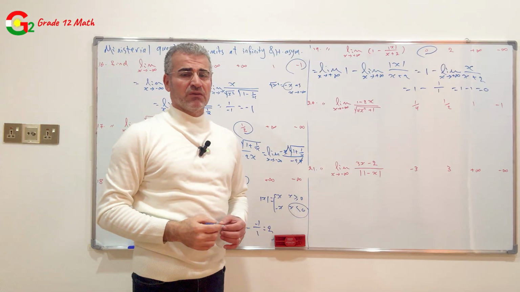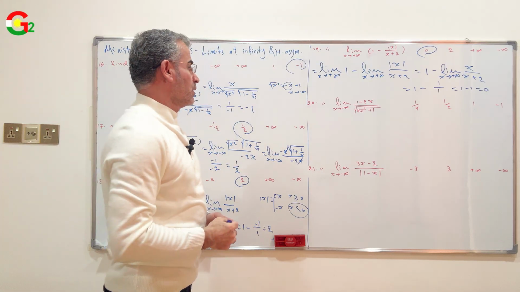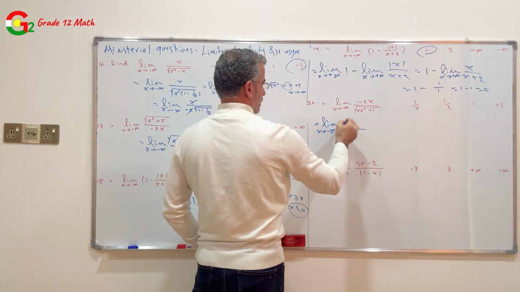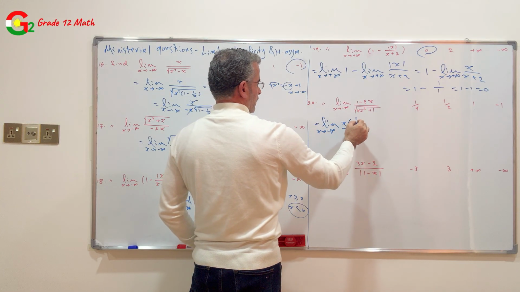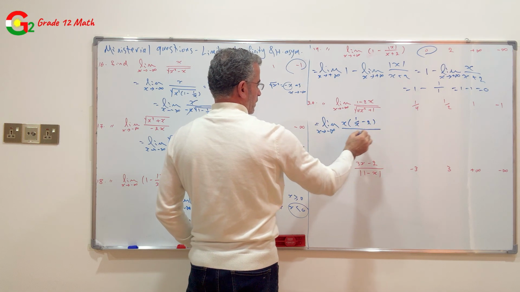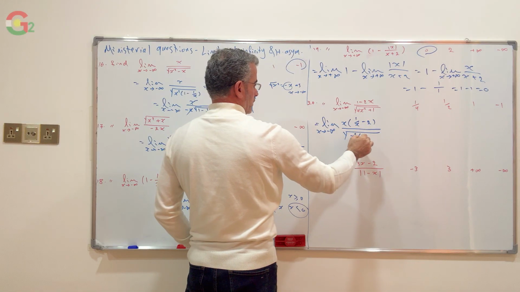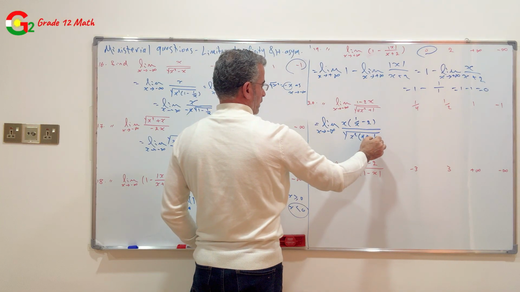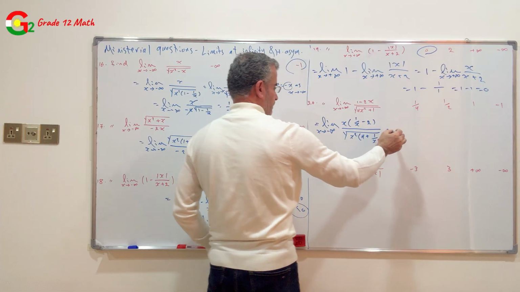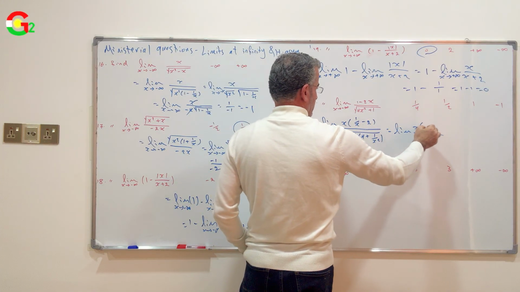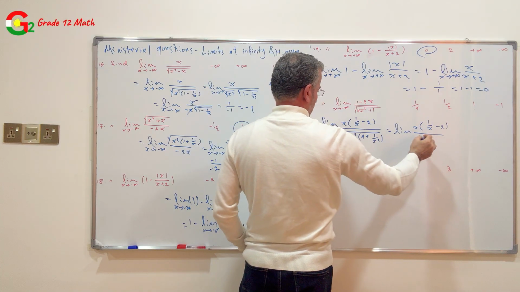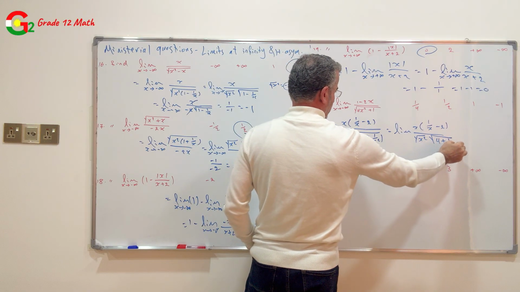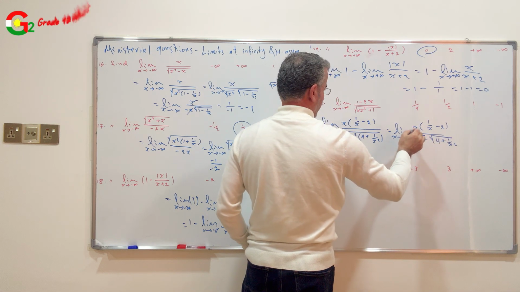Find the limit as x approaches negative infinity of 1 minus 2x over the square root of 4x² plus 1, which equals the limit as x approaches negative infinity, factoring x, of x times 1 over x minus 2, over the square root, factoring x², of 4 plus 1 over x², which equals the limit of x times 1 over x minus 2 over the square root of x² times the square root of 4 plus 1 over x², as x approaches negative infinity.